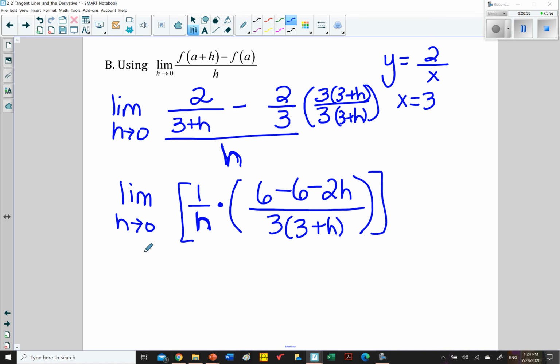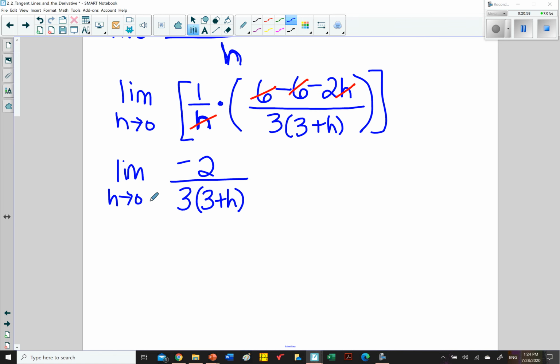And what does that do for us? Well, let's see. We've got 6 minus 6, that's gone. And this h up here can take this h out here. And we're left with the limit as h approaches 0 of negative 2 on the top and 3 times 3 plus h in our denominator. And now I can substitute h as 0 and find the limit.